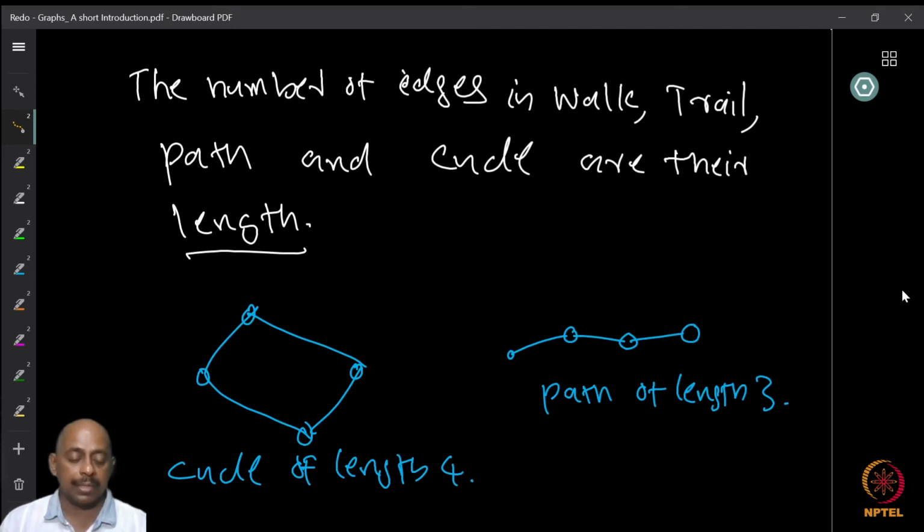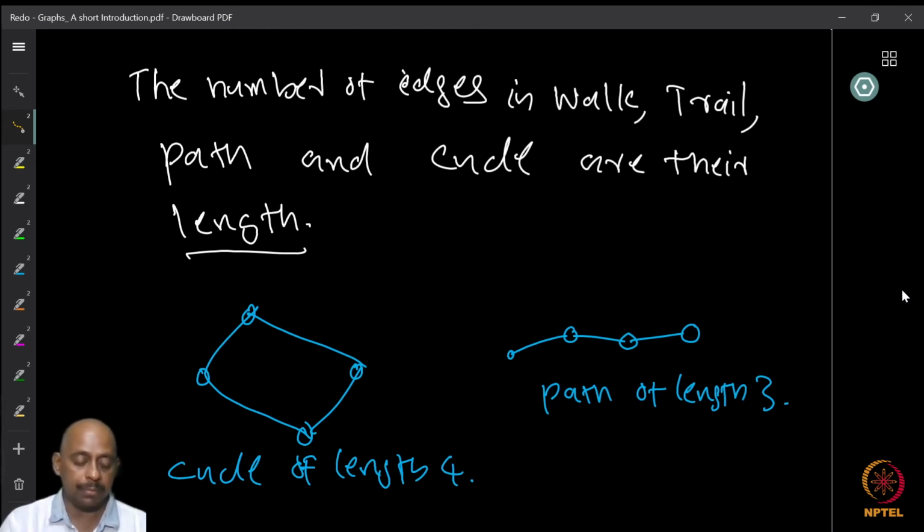Now, for all these walks, paths, trails, etc., you can define a measure called the length. The length of a walk, trail or path is the number of edges in it. So we usually use the number of edges to talk about distance or length.